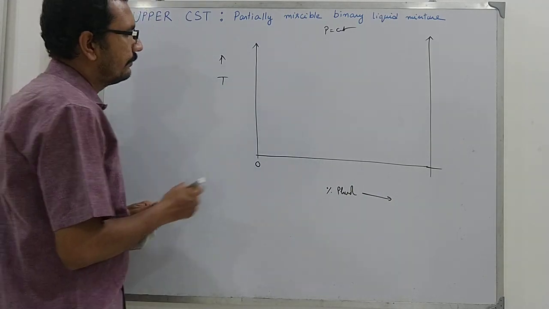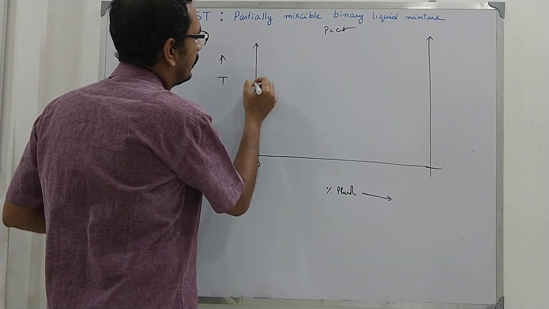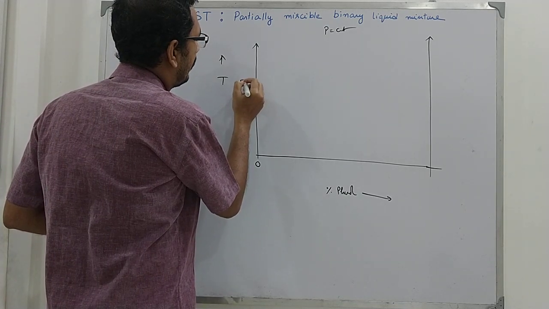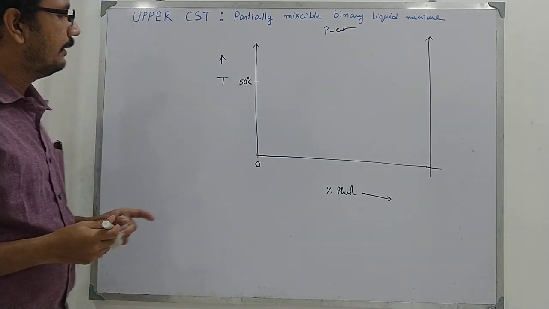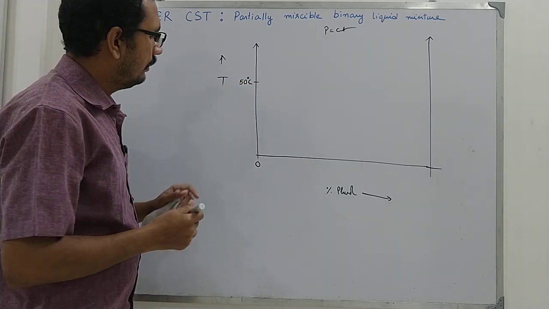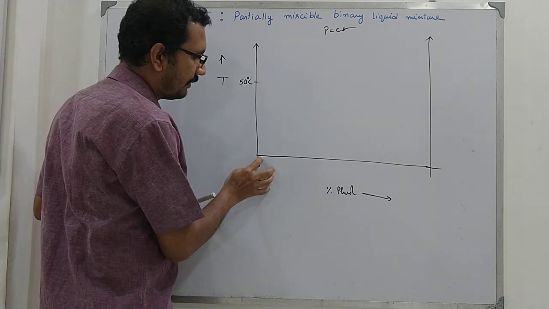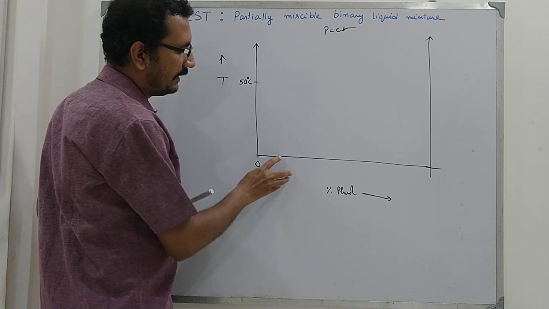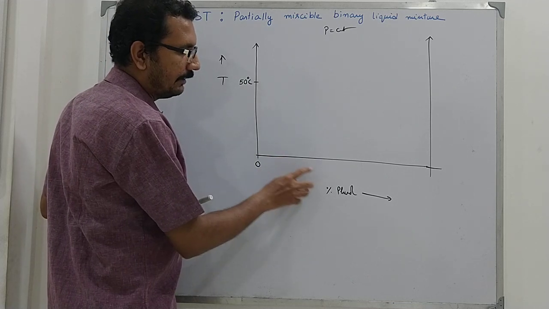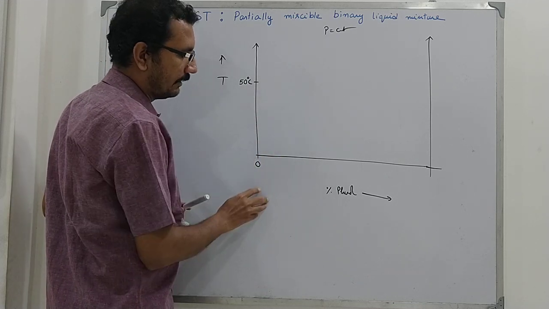So if we perform our experiment at, say, 50 degree centigrade, then for 1%, 2%, 3%, what will it give us? It will give us a single solution.